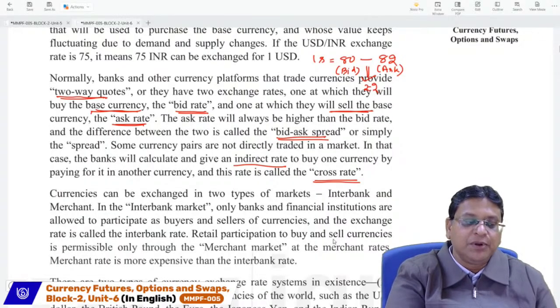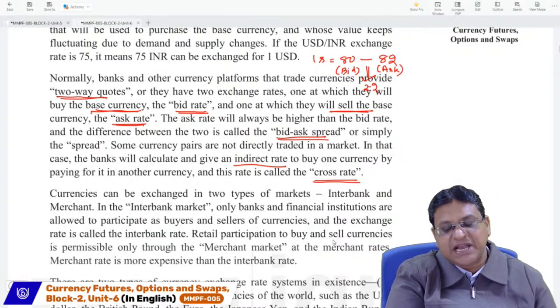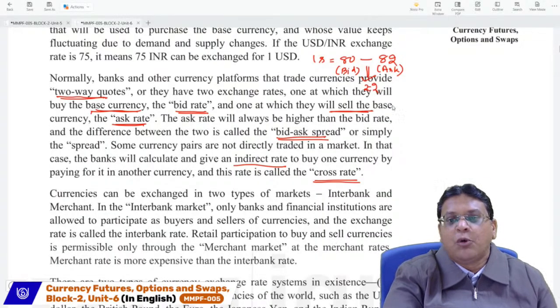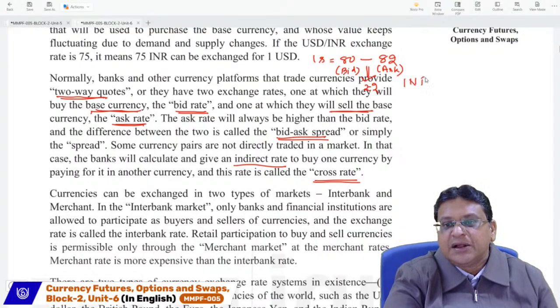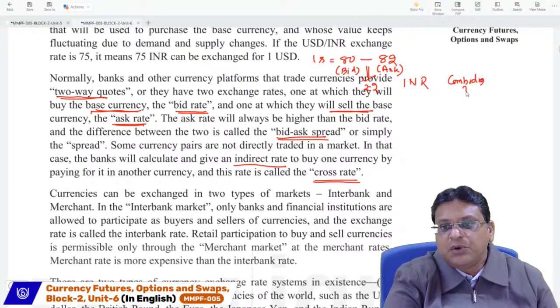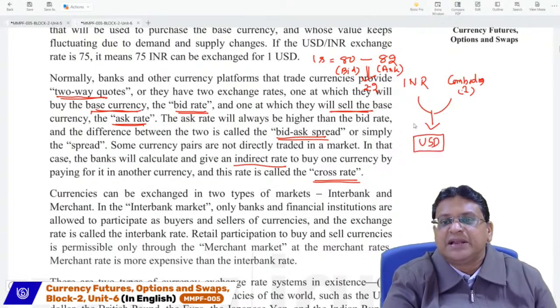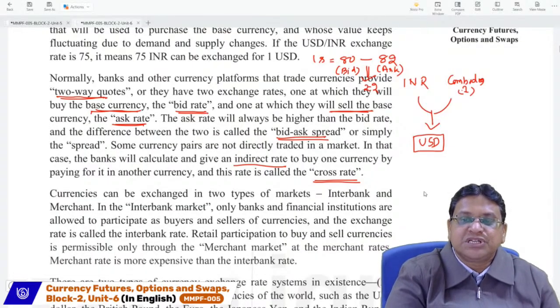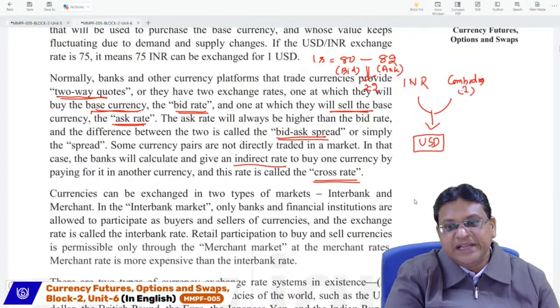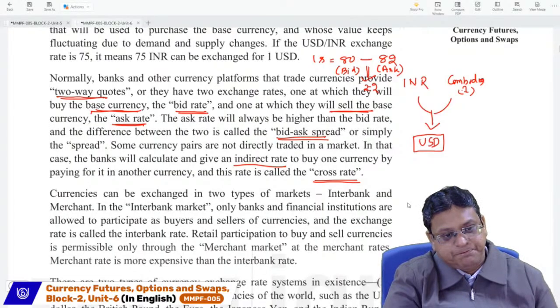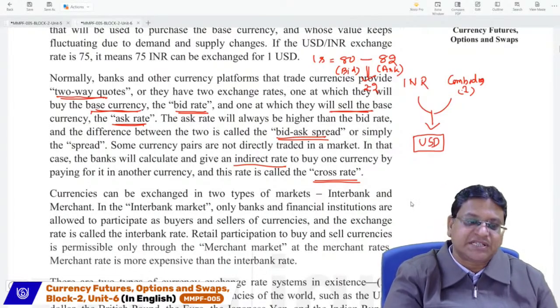Let's take an example. One currency is Indian currency INR, another is Cambodian riel. How can we find out the value? We can find it with the help of a third currency, that is US dollar, because US dollar is the common currency which is bought and sold in India as well as Cambodia. That is known as cross exchange rate.